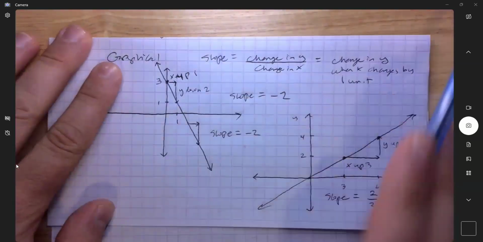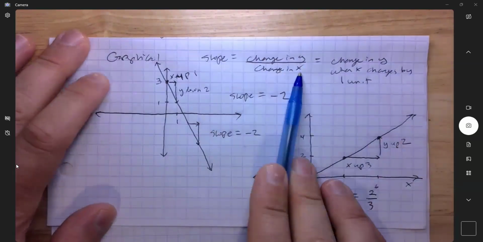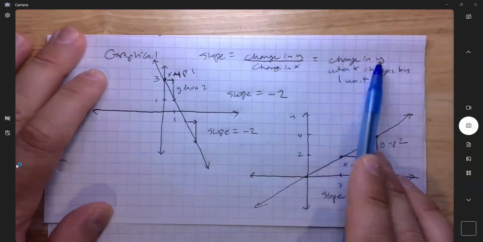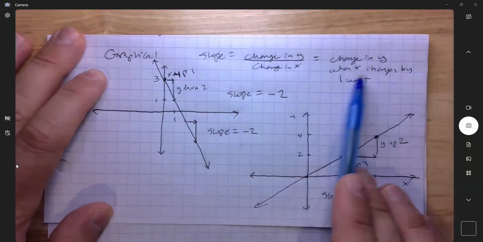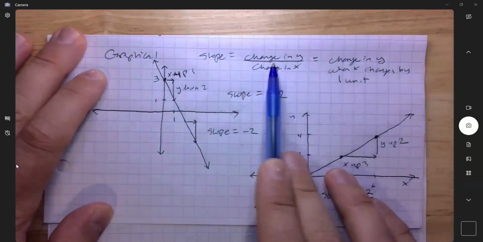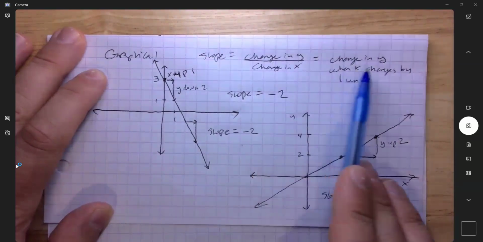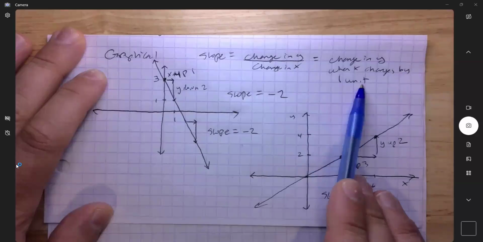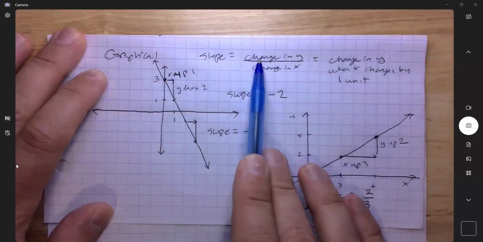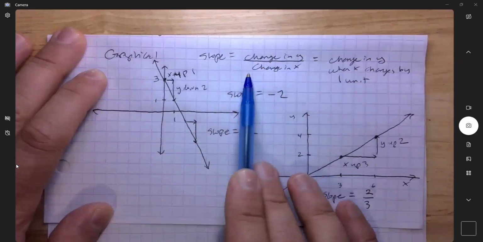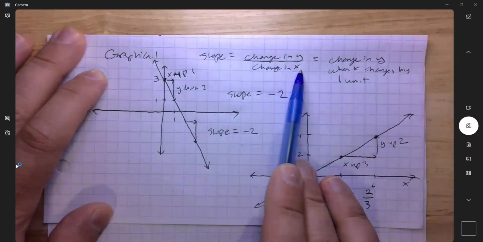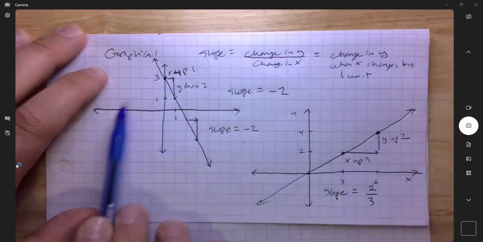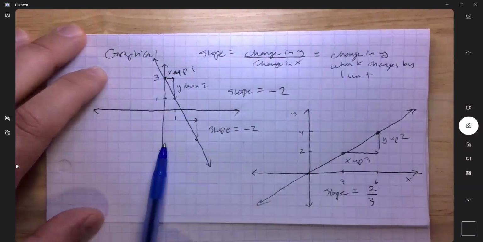Slope, as I said, is the change in y over the change in x. You could also think about that as how does y change when x changes by 1 unit? So these are equivalent, but sometimes it's easier to think about the change in y when x changes by 1 unit. And sometimes it's easier to think about the change in y divided by a change in x. So in this first graph, our axes are here and here.